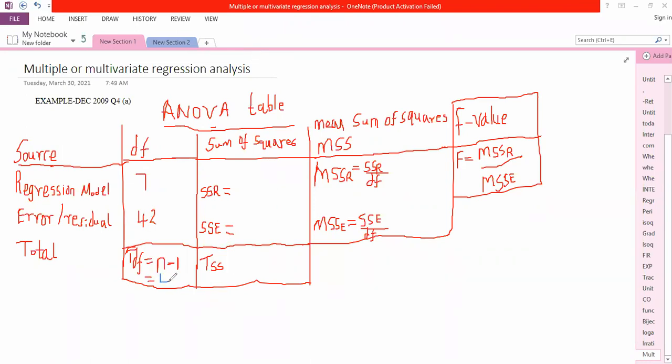And this 49 we are saying is the same as n minus 1. In this question, we were not given the sample size. Is it possible to tell what the sample size is? If the total degrees of freedom n minus 1 is coming to 49, you can see our sample size involved in the study must have been 50.